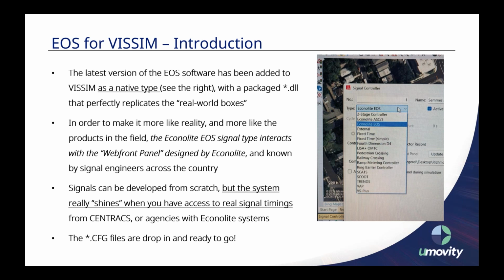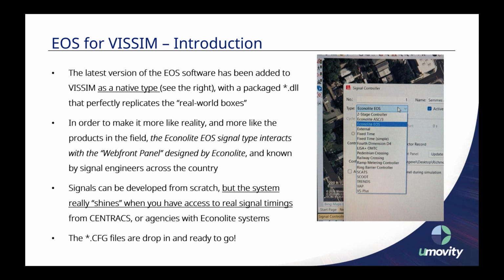And in order to make it more like reality, more of the digital twin software in the loop kind of thing, if you're a user in the field, you understand what it is. The way that it has been integrated in Vissim is through the web front panel.